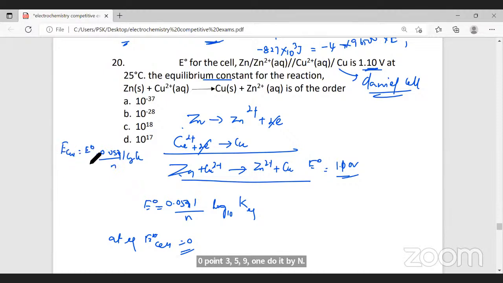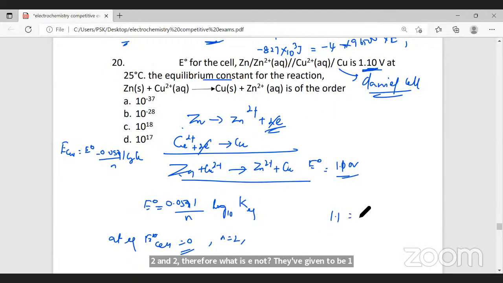Since E cell is 0, this becomes 0. Then I take this E naught to the left-hand side. Therefore, you get this equation. n is the number of electrons. Here, in Zn to Zn2 plus, 2 electrons are involved. n is 2. E naught they have given to be 1.10 volt.